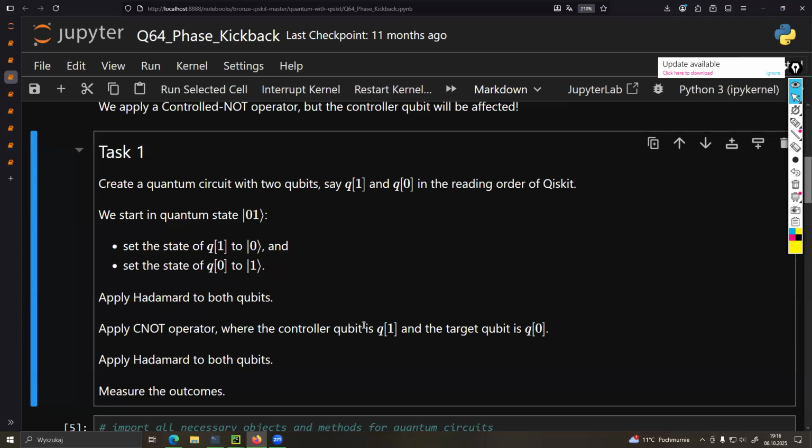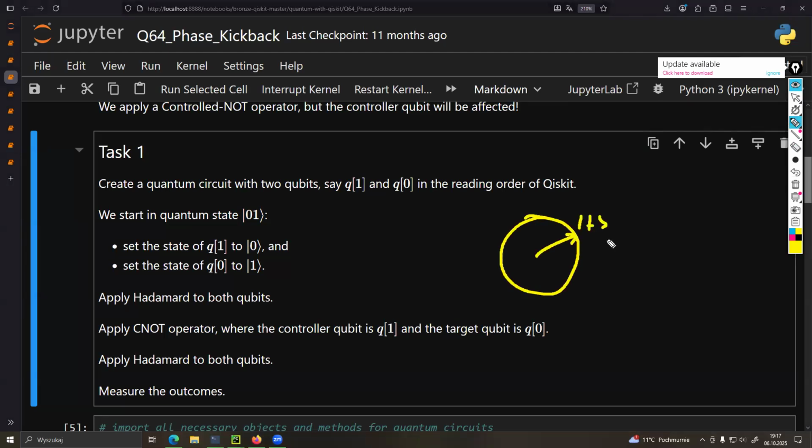If the first qubit is 1, we flip the Q0, and we apply Hadamard again, coming back from this state of plus.